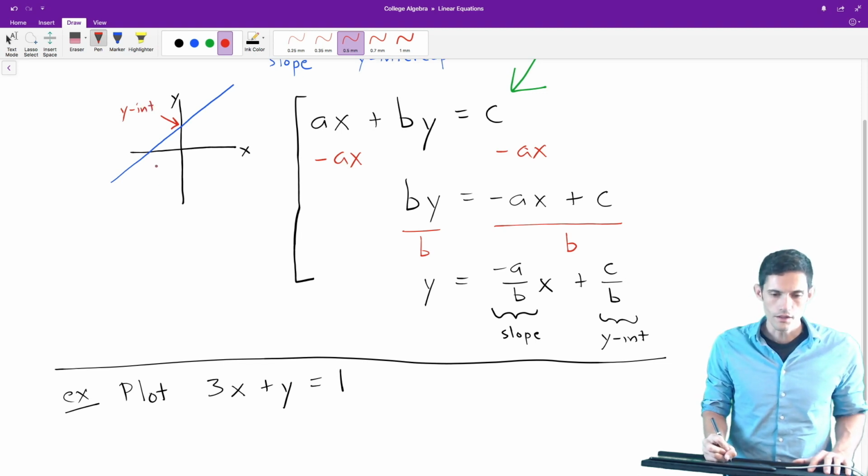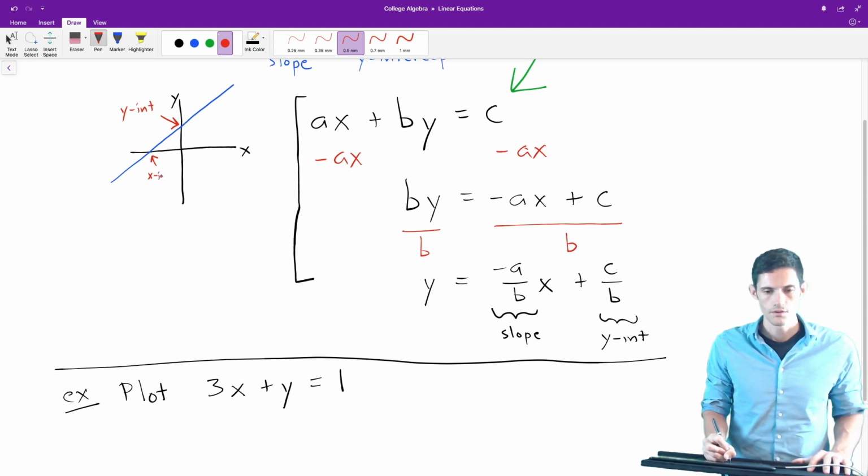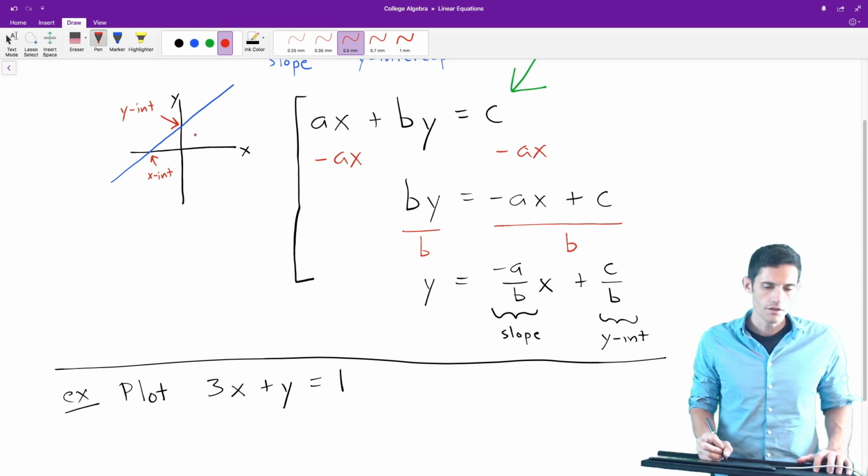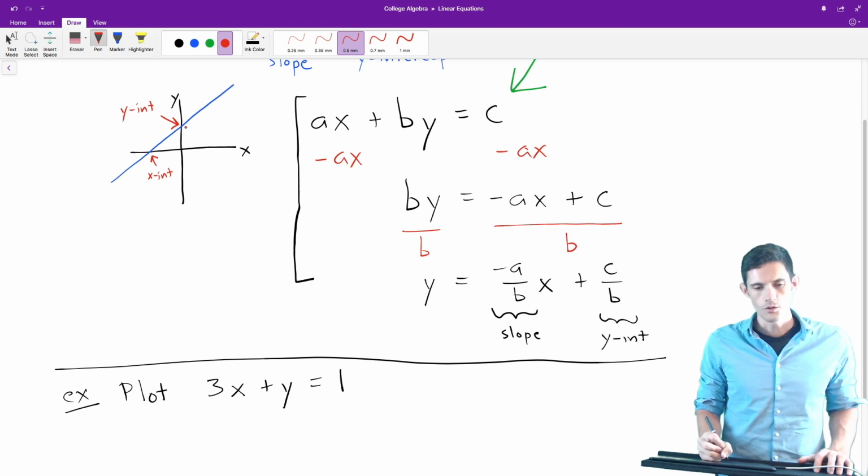Similarly, there's an x-intercept, which is where it intercepts the x-axis. But usually all you need to know are two things: the y-intercept and the slope. The y-intercept is where it crosses the y-axis. And if you notice, the y-axis crosses the x-axis at 0. This is the point 0, 0.